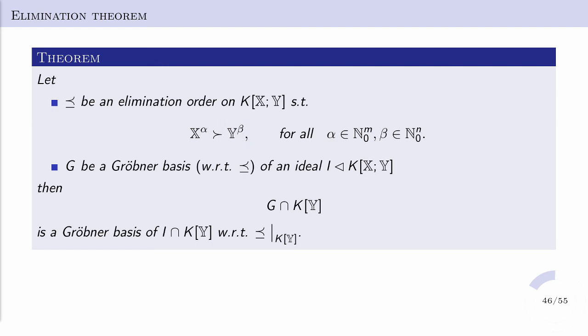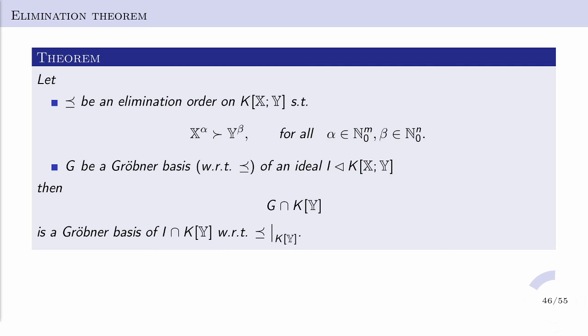For example, the lexicographical order is such an order because the monomials that involve only xn will always be smaller than the monomials involving only xn minus 1, which are always smaller than monomials involving only xn minus 2, and so on and so on. So the lexicographical order satisfies this assumption no matter where we split the list of variables.